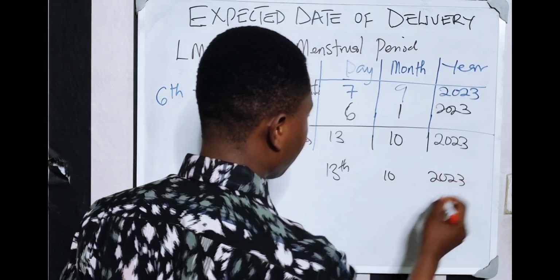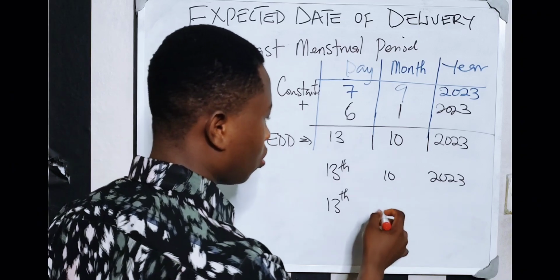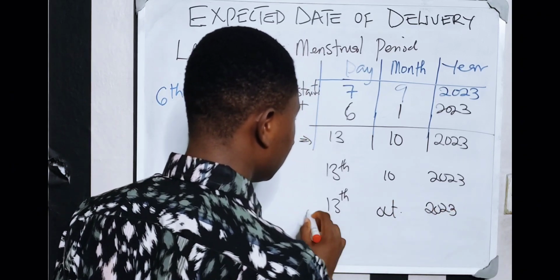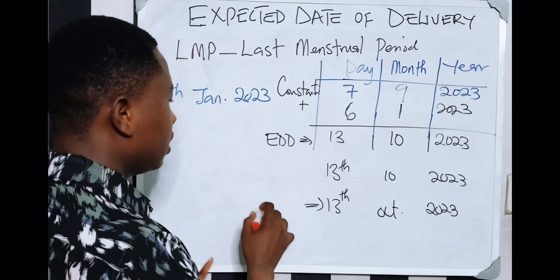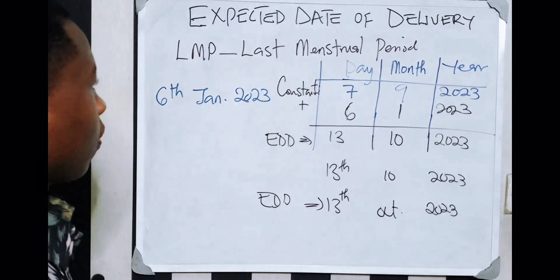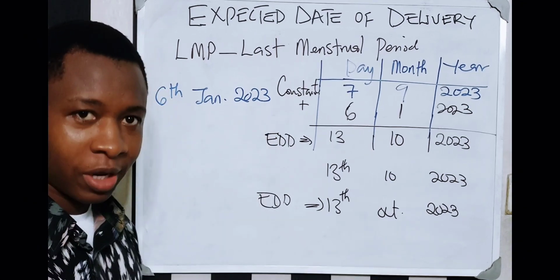And we know that 13th of the 10th month is October 2023. So this is your EDD, expected date of delivery, if your date is 6th of January 2023.